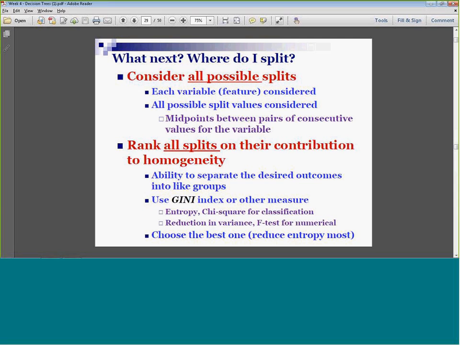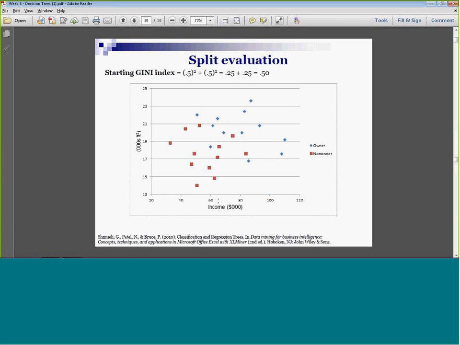Okay, just like we said, use the Gini index or some other measure, reduction in variance if it's continuous. Which one reduces the entropy most? So let's go back and calculate our starting Gini index. Here it is, 0.5. And let's say somebody does all these calculations and it turns out the best first split is on lot size of 19.